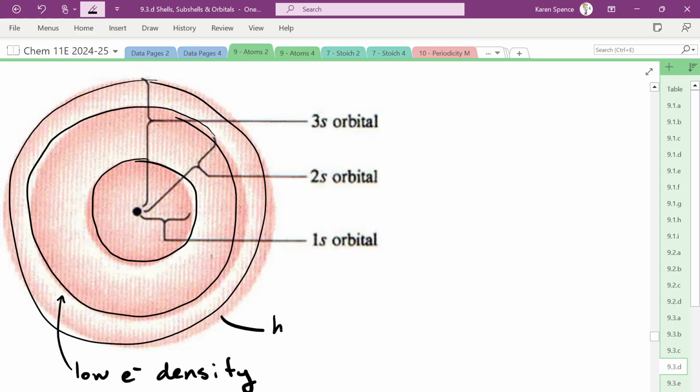And we have some areas where we have high electron density. But basically, if you have an atom, all of those exist and they just exist one on top of the other.